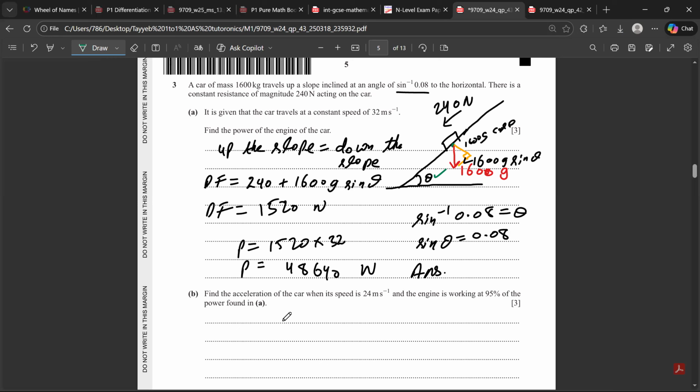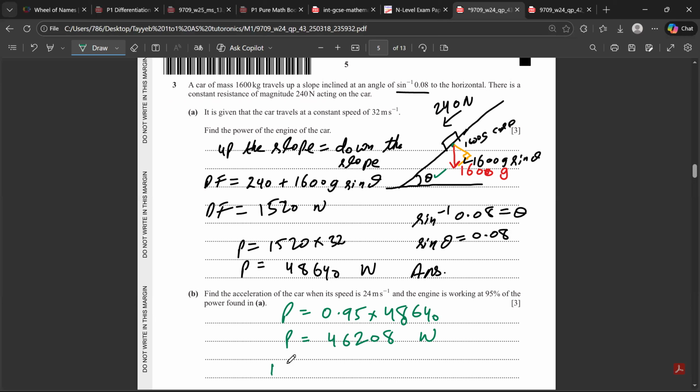Okay, great. So power is equal to 0.95 times 48,640, which is 46,208 watts. Then we find the new speed.